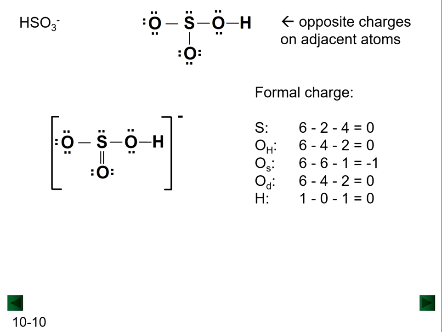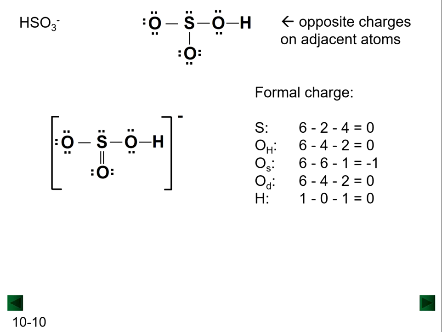If we look at the very top structure, the 2 oxygen atoms that have only 1 bond, and they're bonded directly to sulfur, and they don't have any hydrogens on them, those oxygen atoms are equivalent. Neither one's different than the other. And so if we're going to choose to make a double bond, we can choose one of two ways.